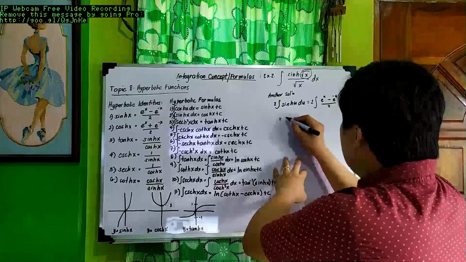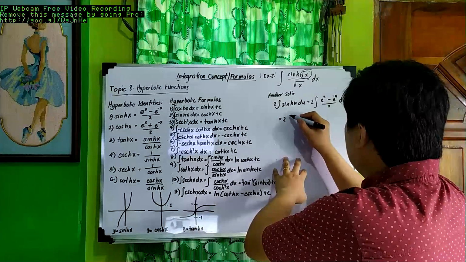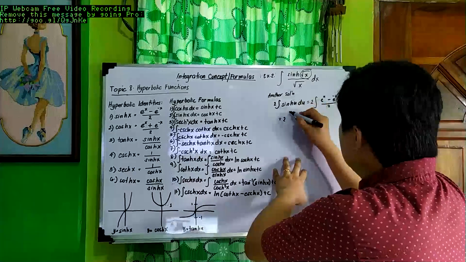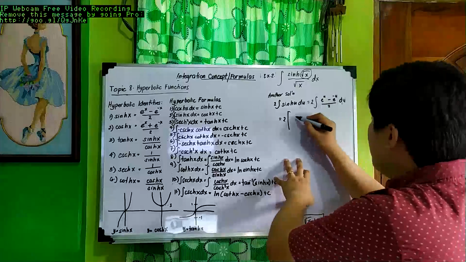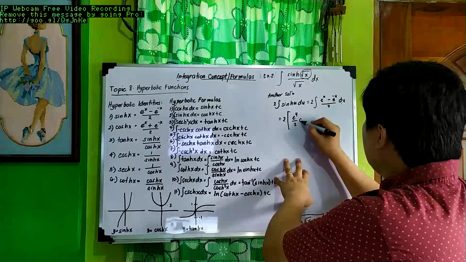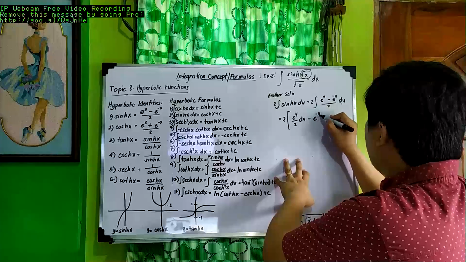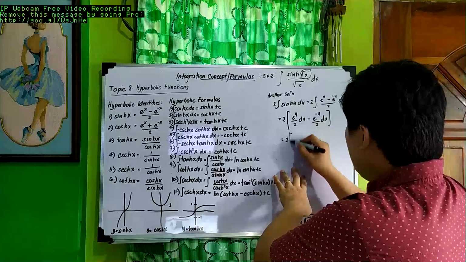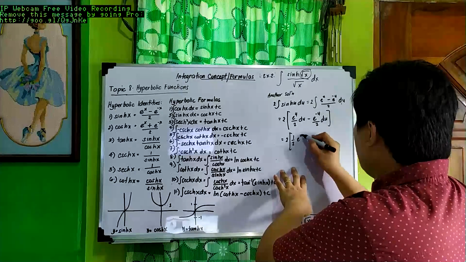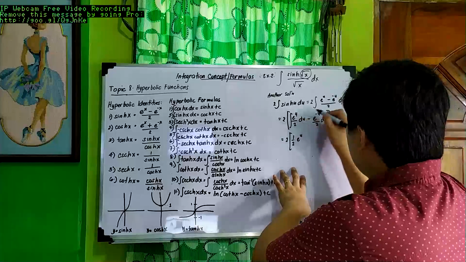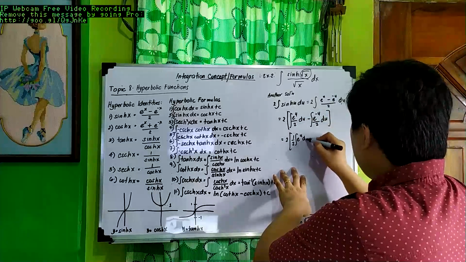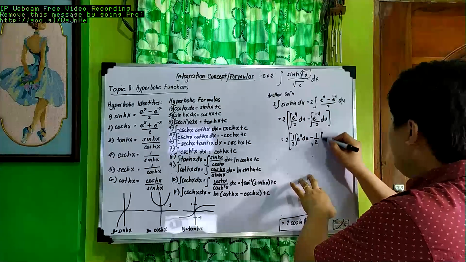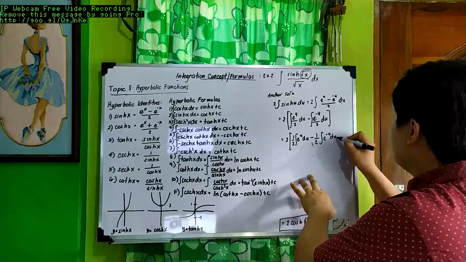Now, we could have 2 times the integral of, so we distribute the 2. We could separate this one, e raised to the power of u over 2 du minus e raised to the power of negative u over 2 du. And we could have 2 times 1/2 integral of e^u du equal minus 1/2 integral of e^(-u) du.